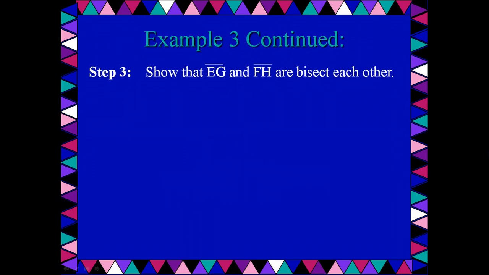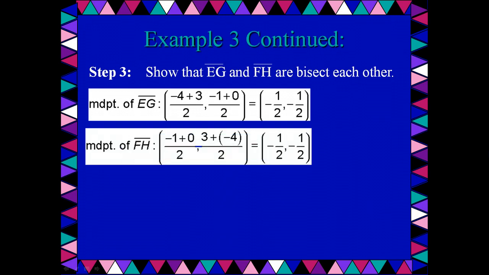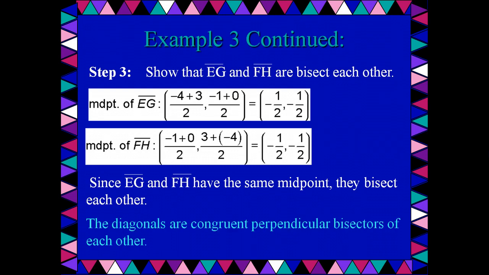Step 3, show that EG and FH are bisecting each other. The midpoint of EG is the point negative 1/2, negative 1/2, and the midpoint of FH is negative 1/2, negative 1/2. So they do bisect each other because they have the same midpoint. The diagonals are congruent perpendicular bisectors of each other.